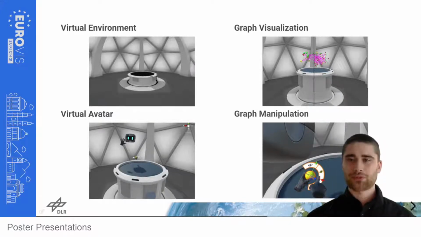And the graph manipulation module consists of a natural interaction where you can just grab nodes, and also a ray pointing interaction where you can point at stuff. And it also consists of a very basic user interface where you can show or hide the nodes, show or hide the relationships, and highlight the nodes.